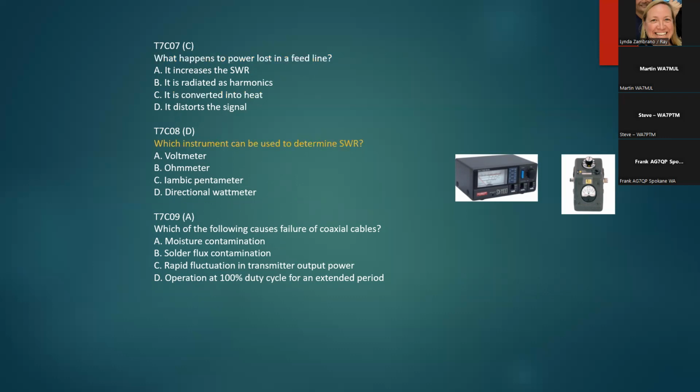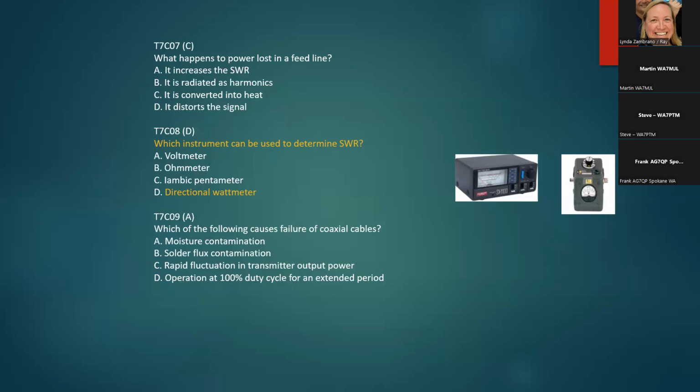C8. What instrument can be used to determine SWR, standing wave ratio? And the answer is a directional watt meter. And here are a couple of examples. Most times they are not referred to as directional watt meters. They're just referred to as SWR meters.